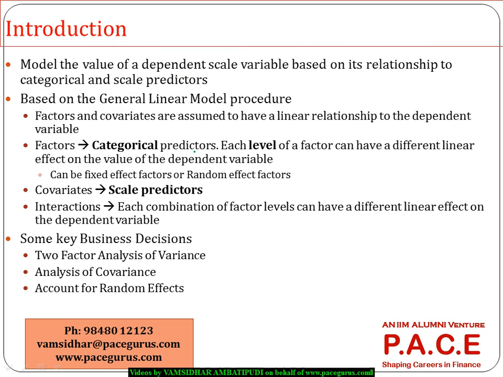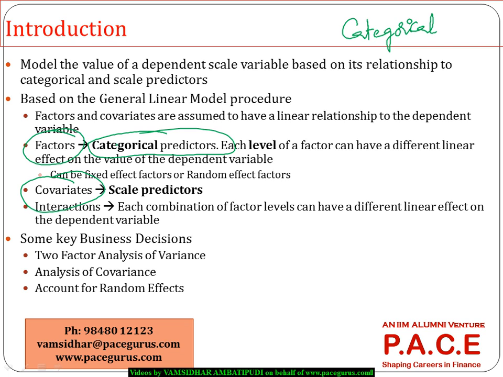As a part of our independent variables, we use two different terms. One are called factors, the others are called covariates. Factors are nothing but categorical variables which are used for predicting the dependent variable, whereas covariates are scale predictors. As far as two-factor ANOVA is concerned, I am more bothered about the two independent variables being categorical variables itself.